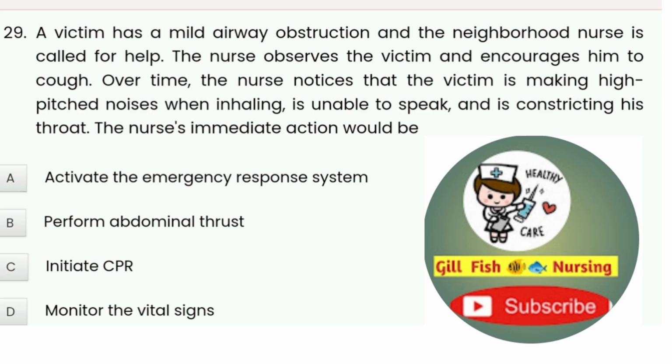The nurse's immediate action would be: option A, activate the emergency response system; option B, perform abdominal thrusts; option C, initiate CPR; option D, monitor the vital signs. So what could be the correct answer? Whenever an obstruction like this occurs, you are going to give abdominal thrusts. So that will be the correct answer.